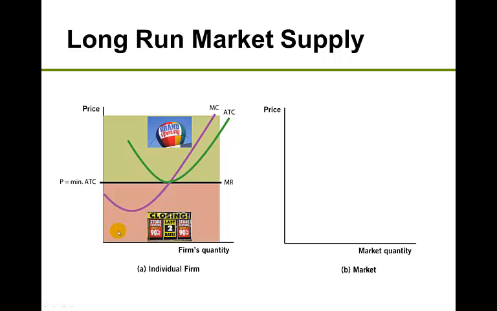So what this translates to is basically a horizontal supply curve for an industry in the long run. The industry is going to produce however much you want it to, but it's going to be at this price.